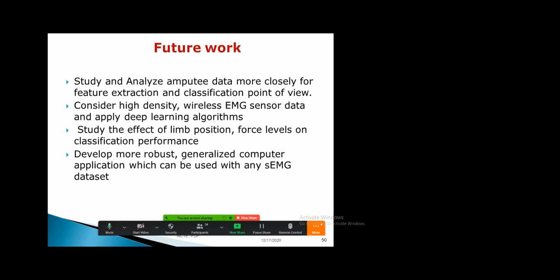Then we can develop a more robust, generalized computer application which can be used with any SEMG dataset. As I told you, it has varied with the dataset. When you have 10 classes and an amputee dataset, a lot of noise got added with the amputee dataset. So definitely we would like to develop a more robust and generalized application.